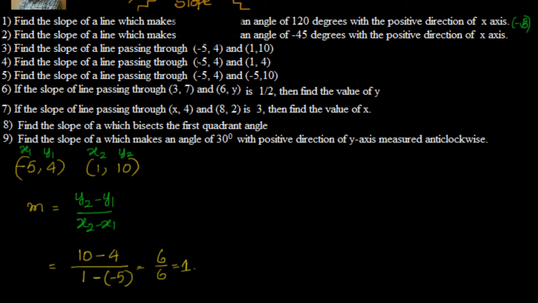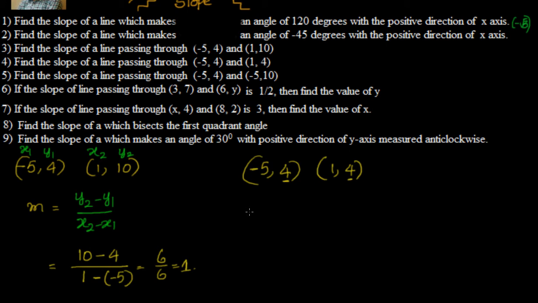Let's look at the next problem. Find the slope of a line passing through minus 5 comma 4 and 1 comma 4. Can you think about how this line looks, where you have minus 5 comma 4 and 1 comma 4? You can see that the y coordinate is fixed. That means it's a line which is parallel to the x-axis and at a distance of 4 units from the x-axis.